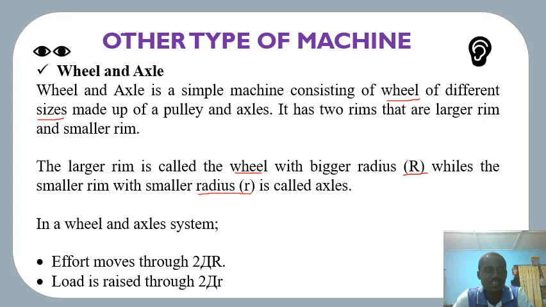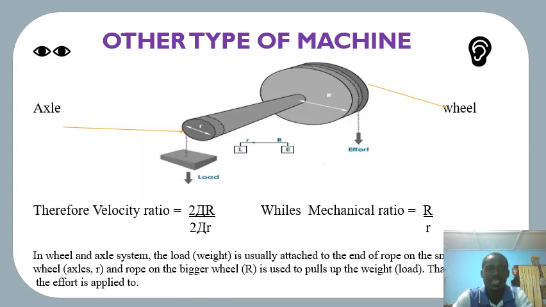Therefore, we say that the effort moves through 2 pi R, capital R, while the load is raised through the smaller rim, which is 2 pi small r. So if you look at the diagram here, the bigger rim is called the wheel, while the smaller one is called the axle.